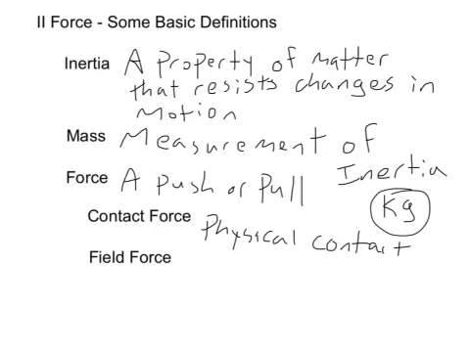The thing that is providing the force is what we call the agent of the force, and the thing that experiences the force is the object. Then we've got field forces. In field forces, there's no contact. An example of a field force would be a magnetic force or a gravitational force. A contact force would be anything where you push or pull on something and you make physical contact.